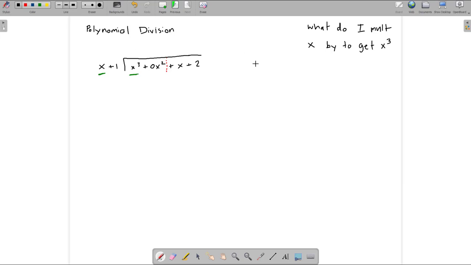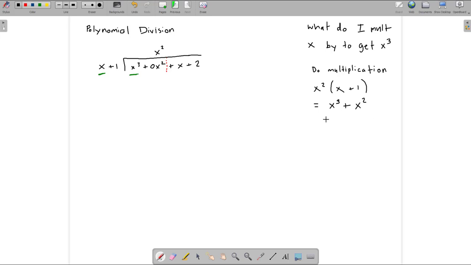So I need to multiply this x by x squared if I want to get to x cubed. So I put my x squared on top here. And then I do the multiplication. So I do x squared times my factor, x plus 1, which is going to give me x cubed plus x squared.